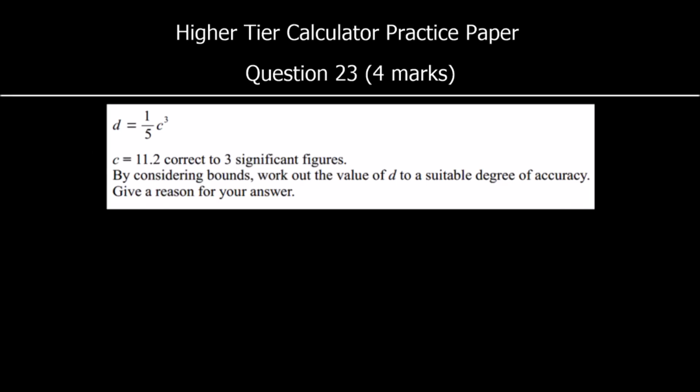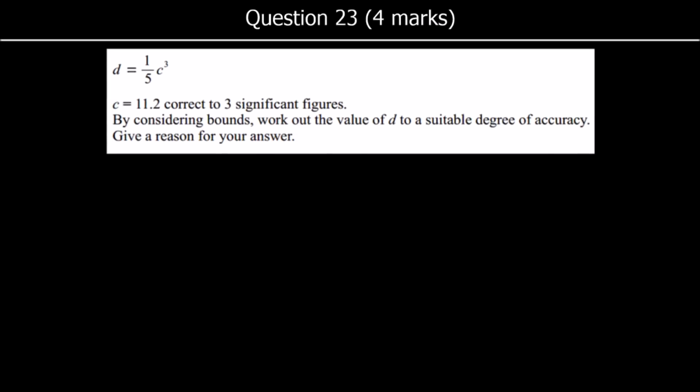And one for you to try. So pause the video and give it a go. So this time D is 1/5 of C cubed and C is 11.2 to three significant figures. So 11.2, the one up's 11.3, the one down's 11.1.